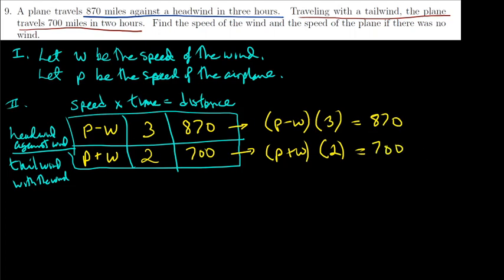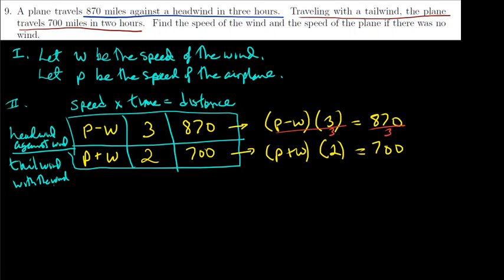All right. So you can do one of two things here. You can distribute the 3. Or, if you take my suggestion, I would divide by 3 on both sides. So 870 divided by 3 is 290. Right?